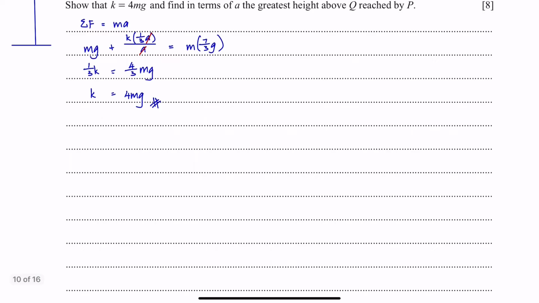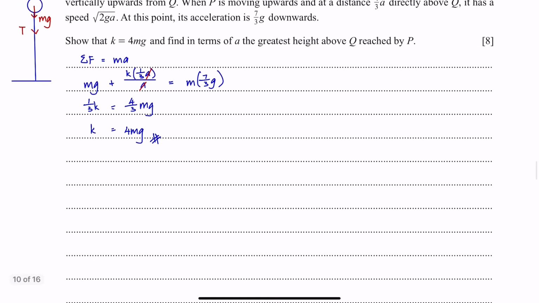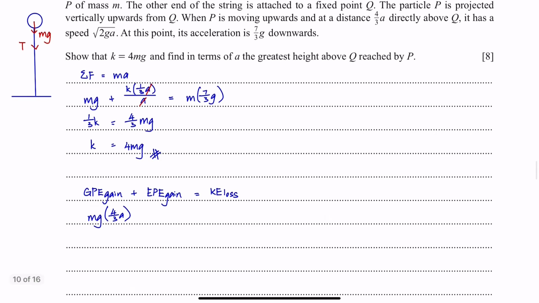So it would be the gravitational potential energy gain plus the elastic potential energy gain equal to the kinetic energy loss. So GPE is mgh, so mgh would be mg times 4 over 3a, right?